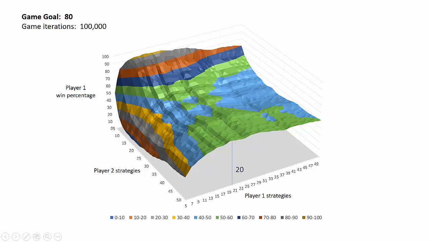This is the graph for a game goal of 80. The best constant strategy is still 20.